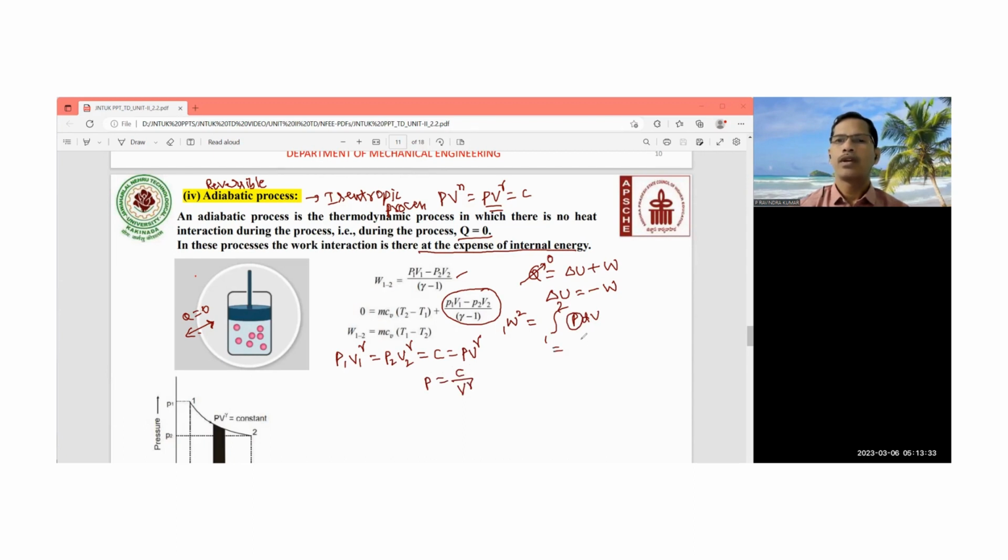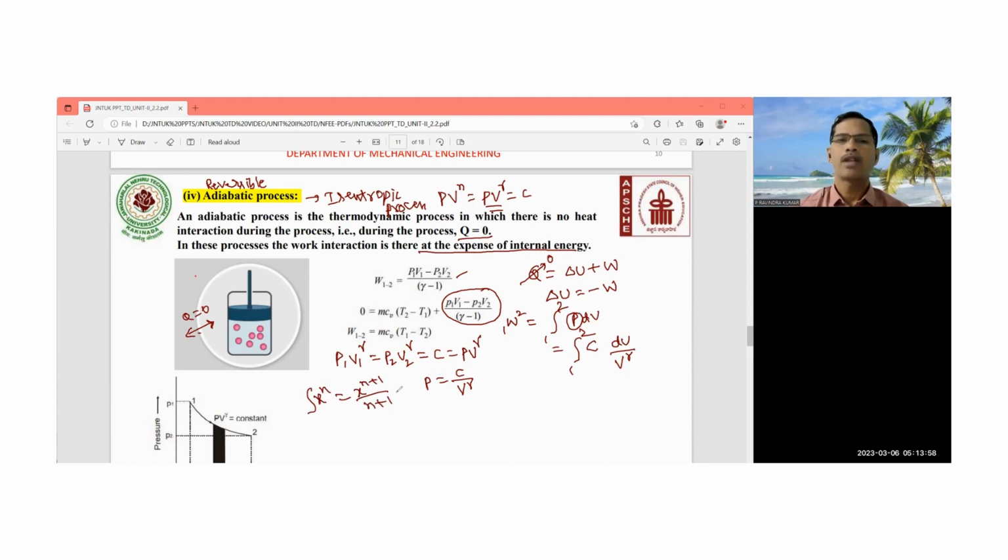Substitute over here. Integral 1 to 2, constant, bringing all the volume terms, dV by V to the power of gamma. Right? So the integral of x to the power of n formula, that is x to the power of n plus 1 by n plus 1.